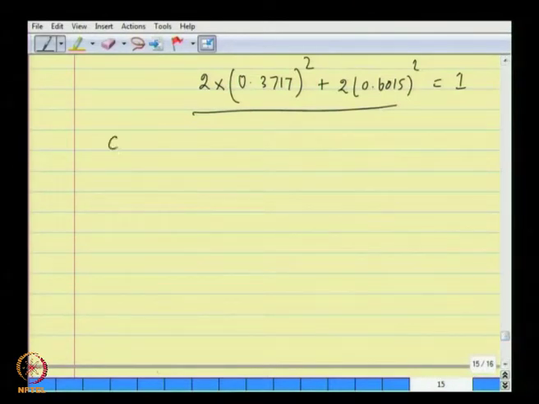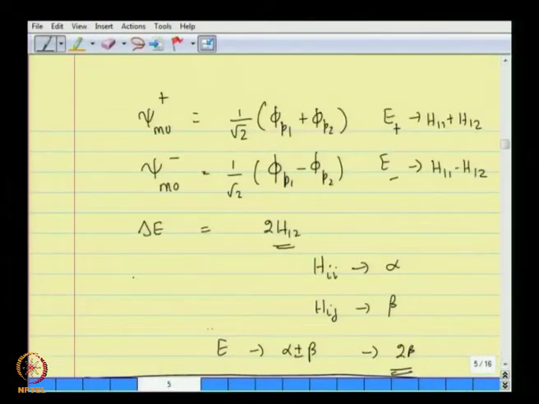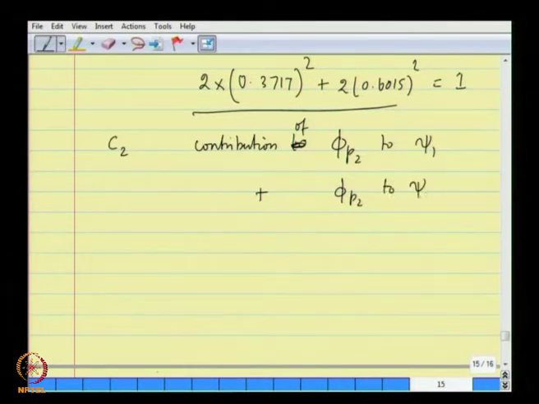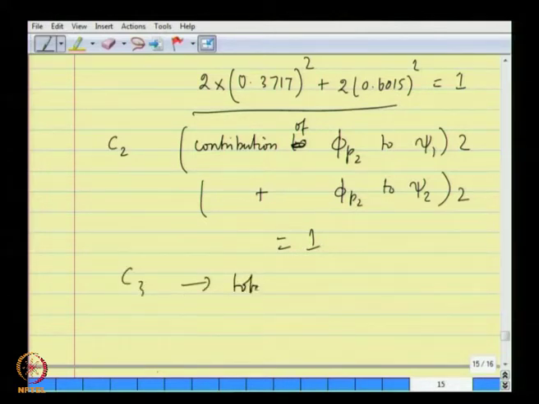Likewise, if you calculate the charge density on C2, it is a contribution of phi p2 to psi 1 plus contribution of phi p2 to psi 2, and each of this contribution is multiplied by the total number of electrons in each of these molecular orbital, which is 2, and you will find that to be exactly 1. And likewise for C3 you will get the total charge density to be 1.